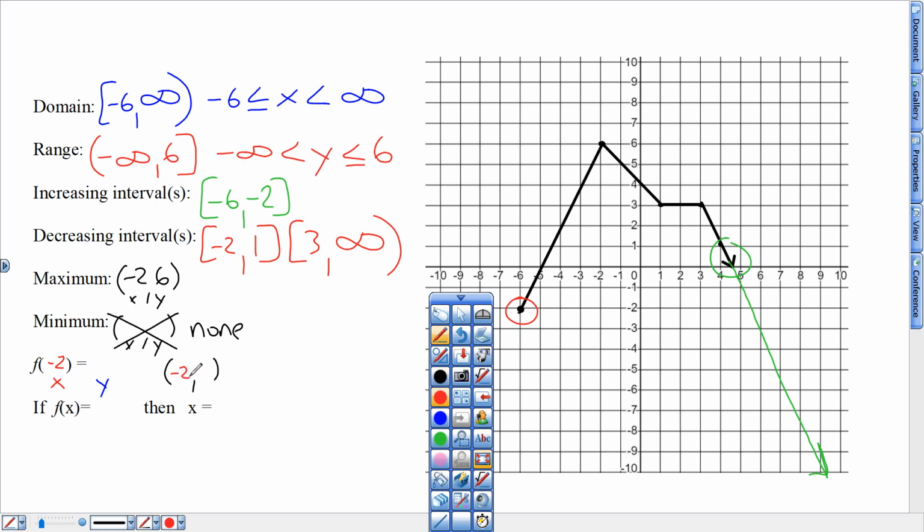What's the y number? So that means go to -2 on the x-axis, go up or down until you make contact with that line. And when you do, look over and find that y-axis number. It looks like 6. So when x is -2, that y number has to be 6.